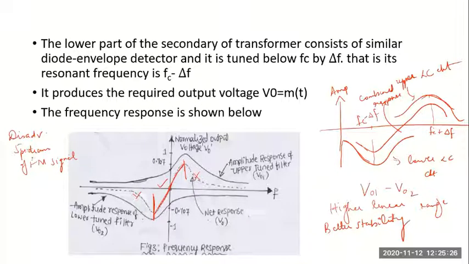So the spectrum of FM signal should have bandwidth lying within the linear range of the balanced discriminator. So this is one problem.